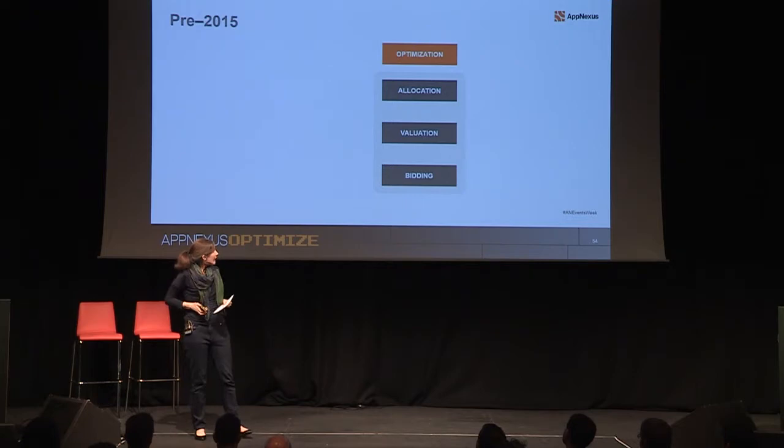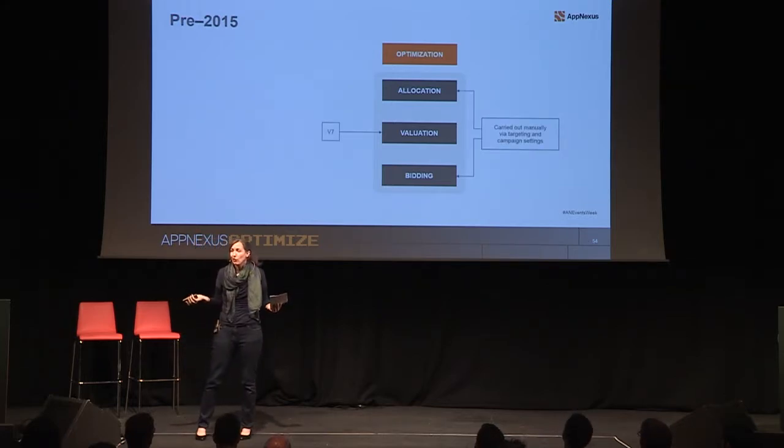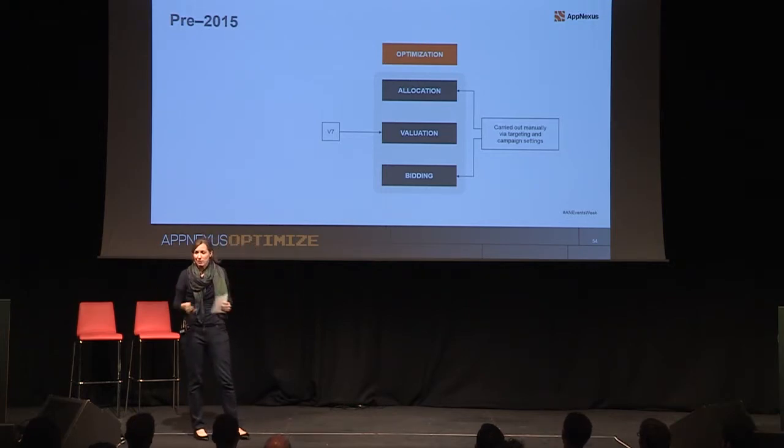So today, the AppNexus optimization platform, such as it is, has one component, which we internally call V7, for version 7. I guess there were 1 through 6 before it, although they're lost to the legends of time at this point.